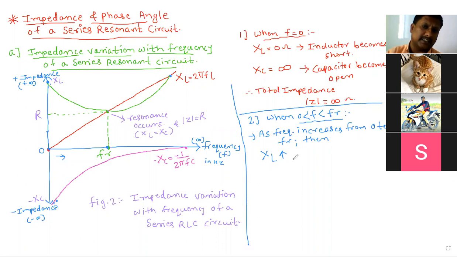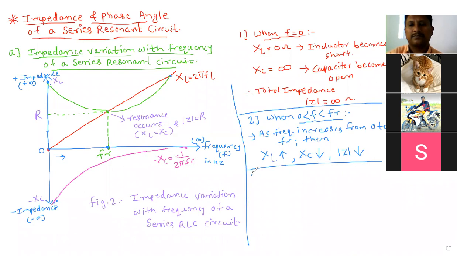The up arrow means increases. Next, XC decreases, because XC is going from infinite towards 0, so it keeps decreasing. And total impedance Z also decreases. Look at the graph, the green graph is decreasing.